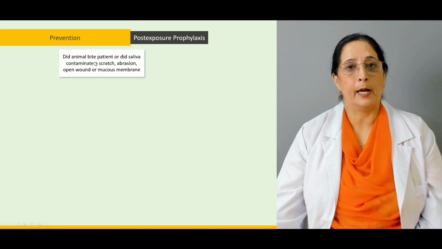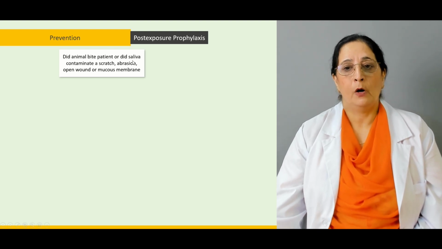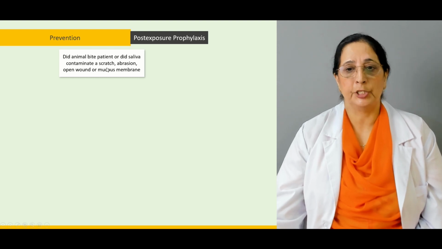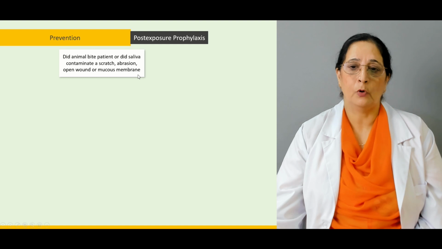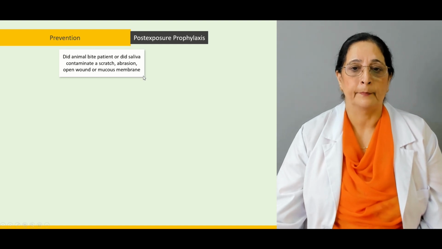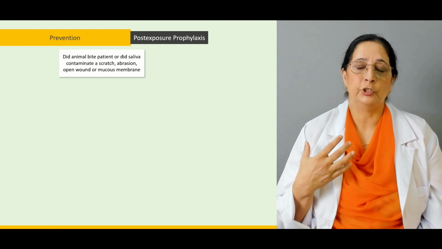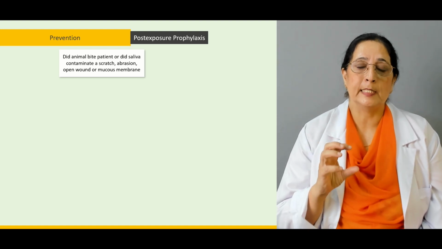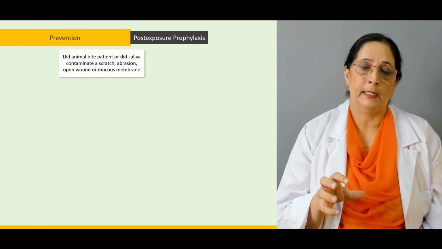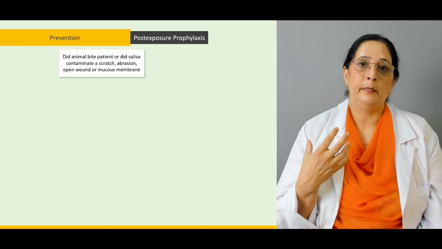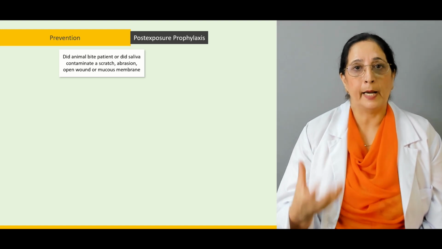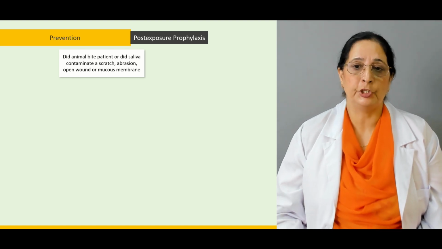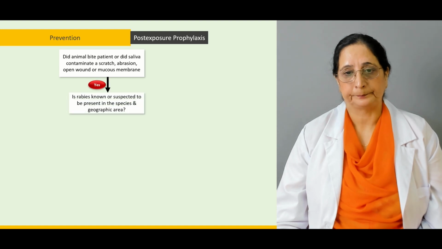Did an animal bite the patient, or did saliva contaminate a scratch, abrasion, open wound, or mucous membrane? It's important to know this, because the virus is present in the saliva of the animal. So, did the animal bite the patient, or did the saliva actually touch the abrasion or the lesion?